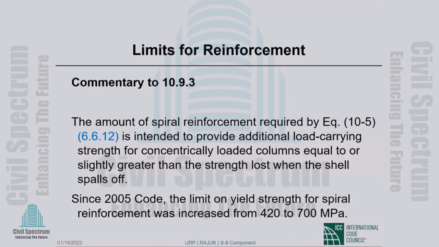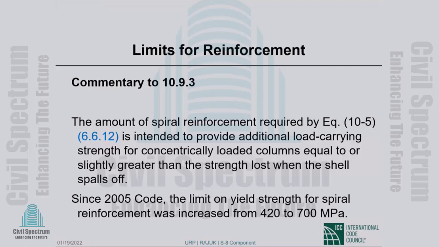The amount of spiral reinforcement required by the equation is intended to provide additional load carrying strength for concentrically loaded columns equal to or slightly greater than the strength lost when the shell falls off. So the idea is that when you compress this spirally reinforced column, at one point the cover will fall off. You will lose the cover.